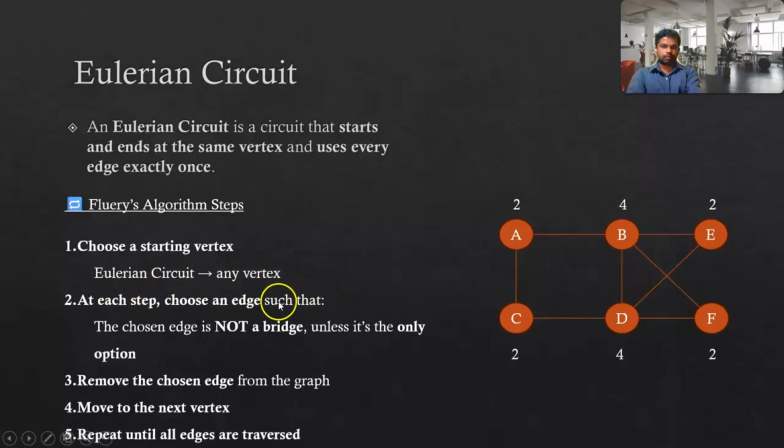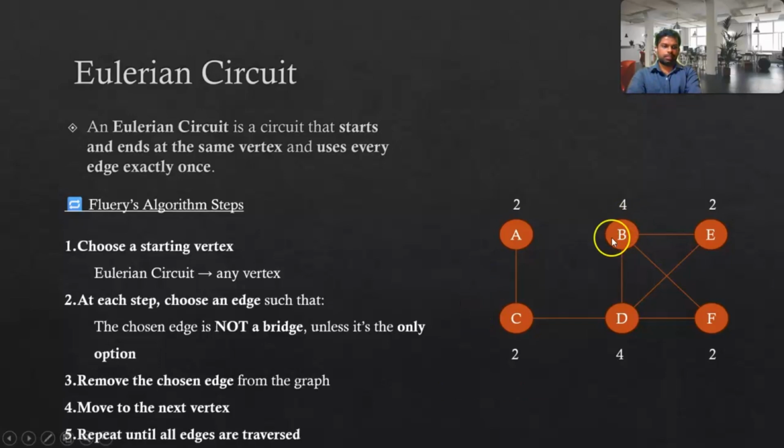And then choose an edge such that the chosen edge is not a bridge, unless it's the only option. So we'll start from A and then we'll go to B. If we delete that edge, we still have a connected graph. So our circuit starts A to B.